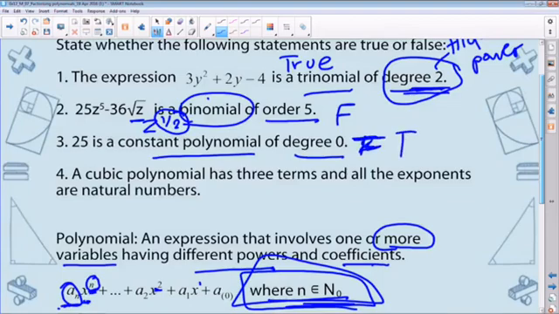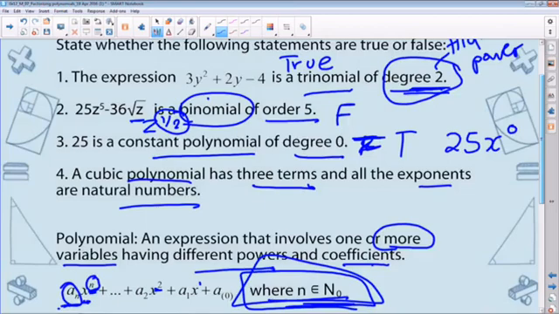Yes, if there's no variable attached, it's degree 0, well, we could write 25 as 25x to the power of 0. So that's fine. A cubic polynomial has three terms and all the exponents are natural numbers. Here you've got to be careful, because they're saying a cubic polynomial has three terms. Now, it can have three terms, but it can have more. What a cubic polynomial is really describing is the degree of the polynomial.